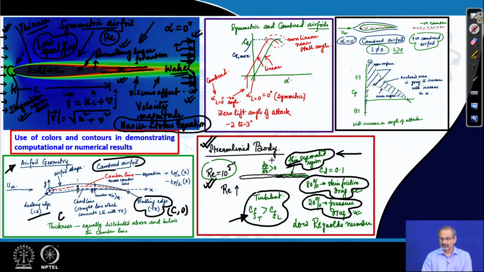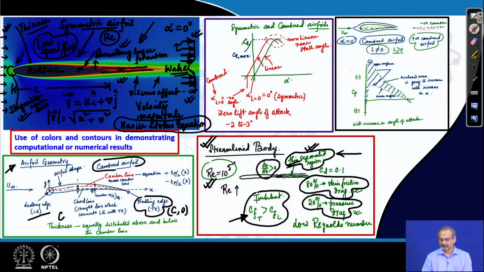And again, there is a separation which is caused towards the trailing edge part of the airfoil, where the pressure gradient becomes adverse, and that is the biggest reason behind flow separation being caused.